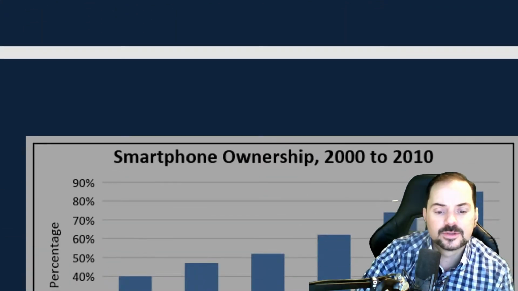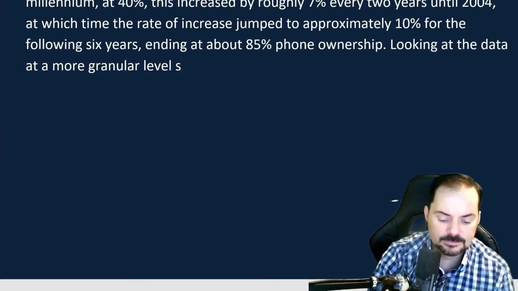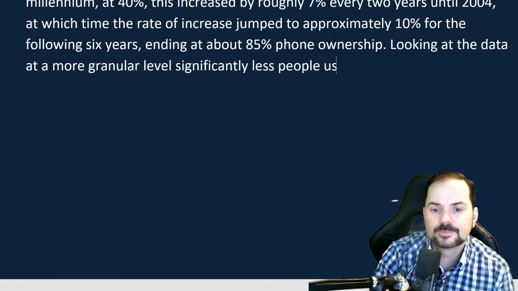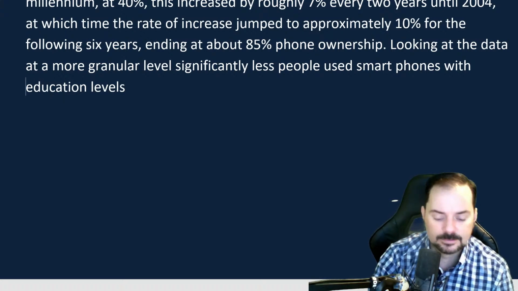Okay, so that's here. Significantly less people used smartphones with education levels with high school or lower.